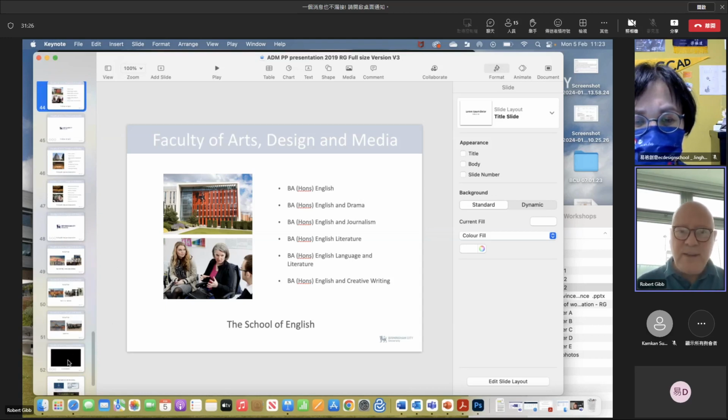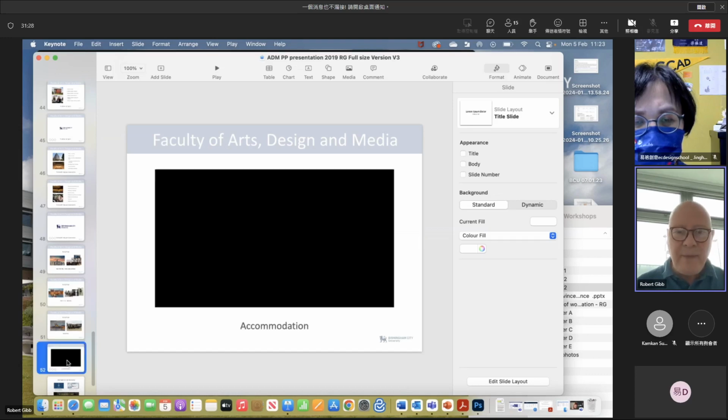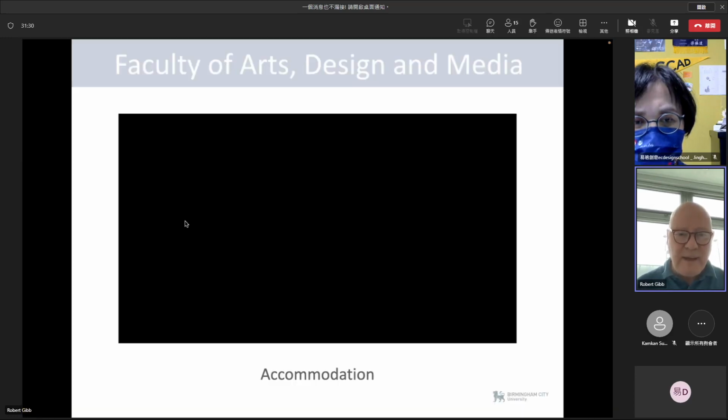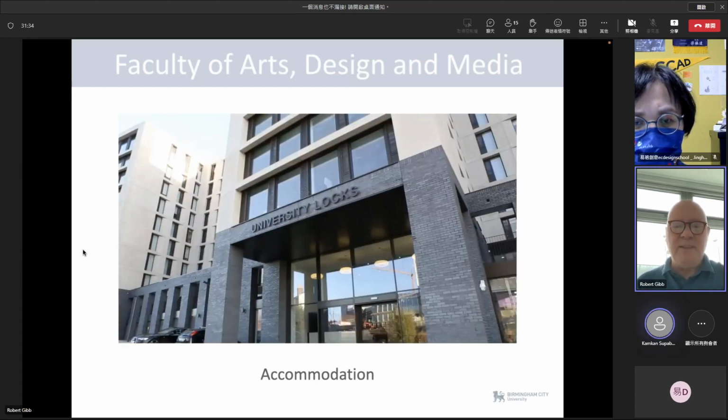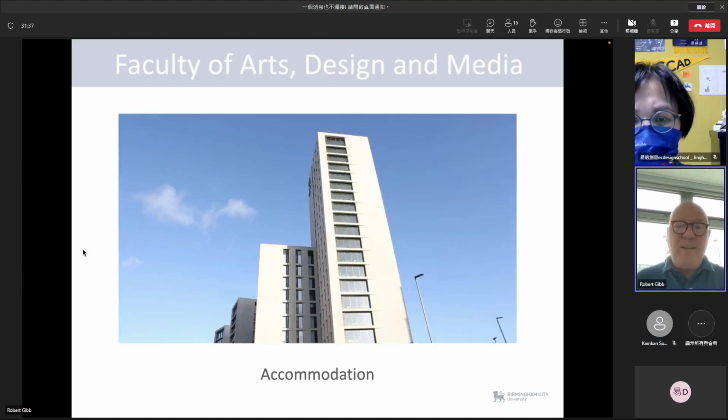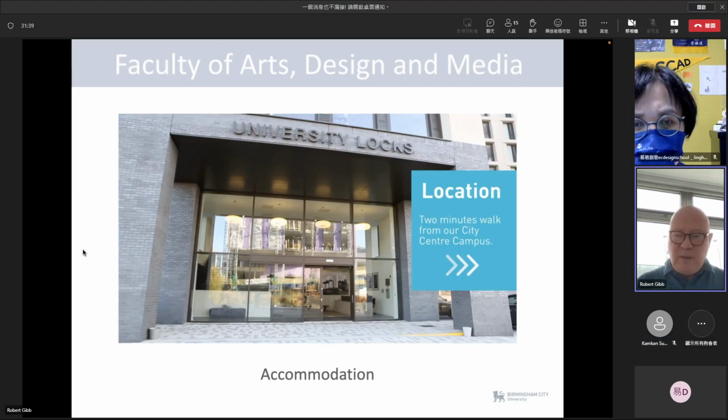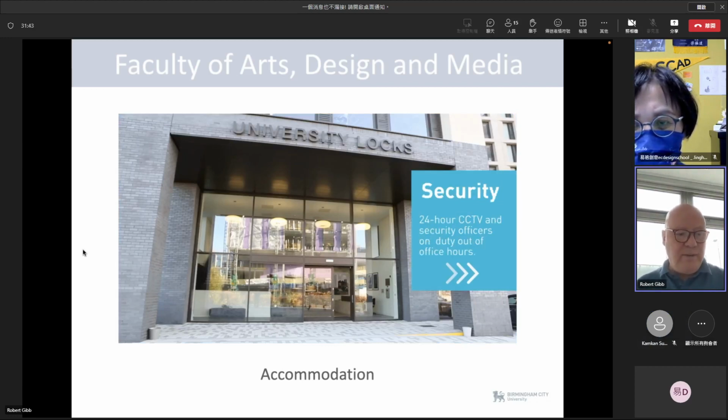Actually, can I show you this? I don't know if you showed this, Cam, but this is the accommodation we have. There's a number of places. This is University Locks. This is literally 2 minutes from the main campus, or 15 minutes from, for example, Margaret Street, or some of the other campuses.